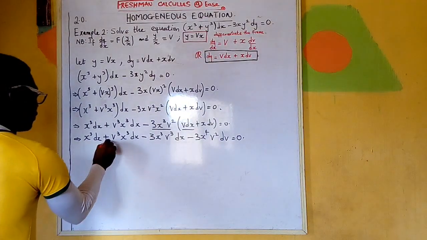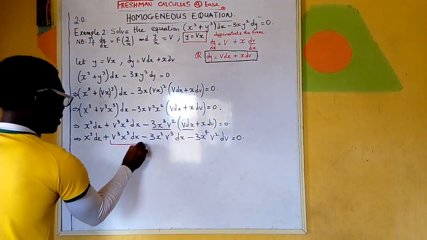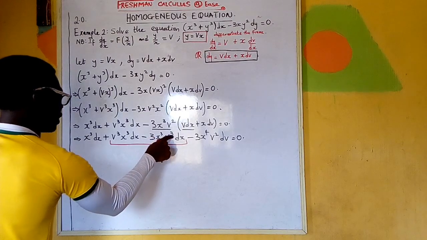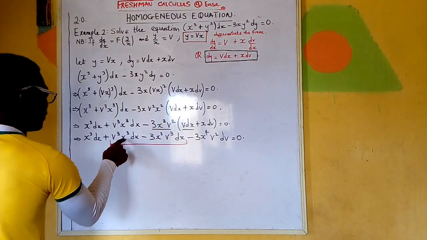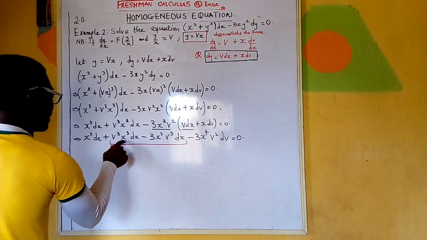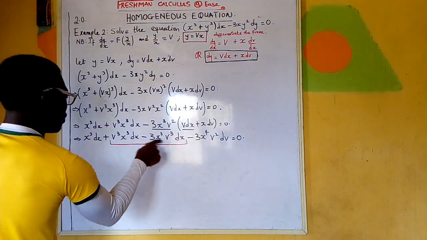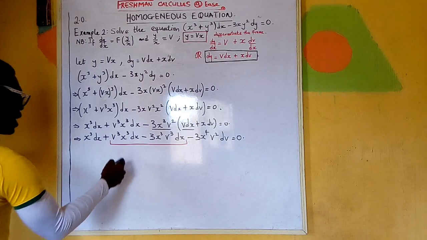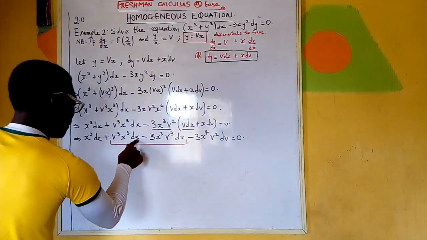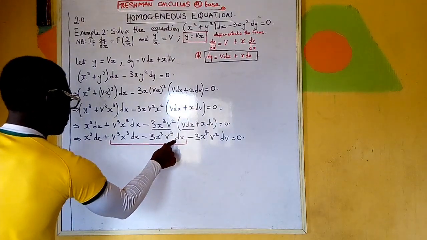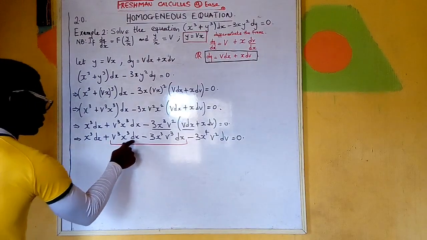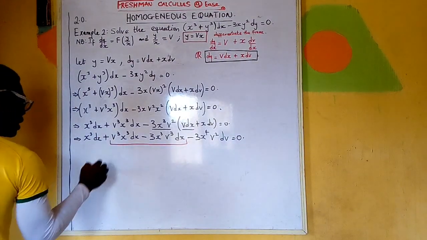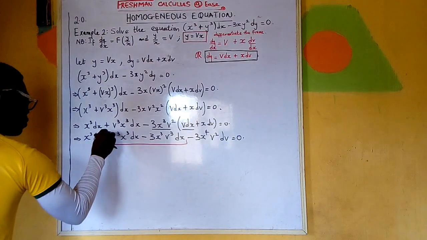You have v cubed x cubed dx and another v cubed x cubed dx, so it can be simplified. That is this minus this, and remember there's an invisible 1 here.